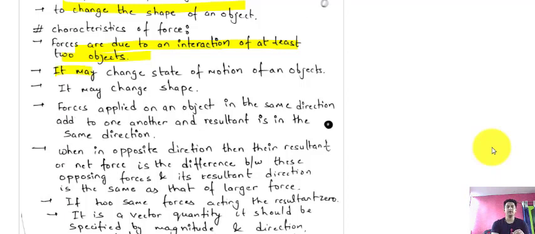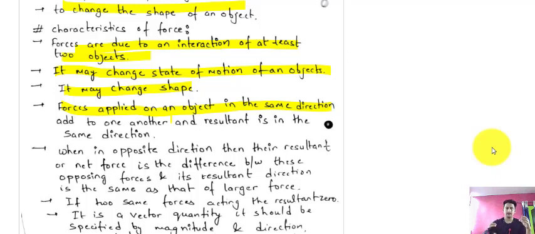Okay, it may change the state of motion of an object, which I have already told you. It may change shape, that has also been discussed. Now this is very important: force applied on an object in the same direction adds up. Suppose here is one object and it is moving with some force.